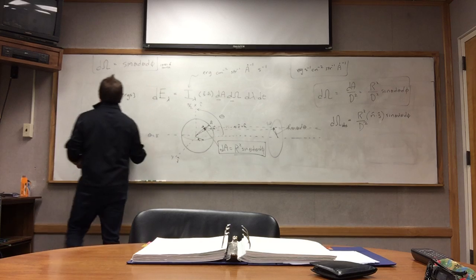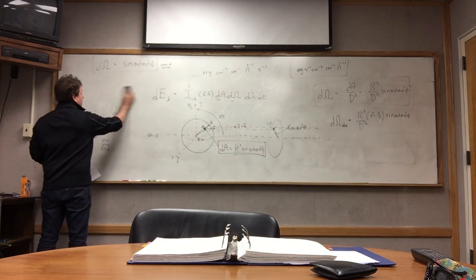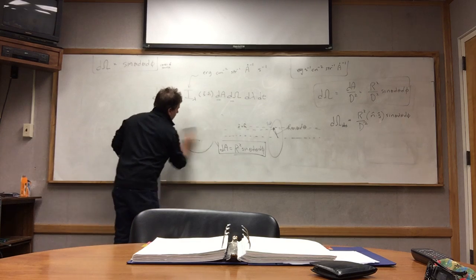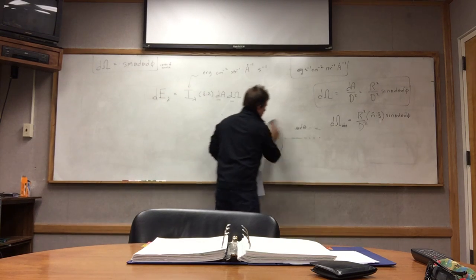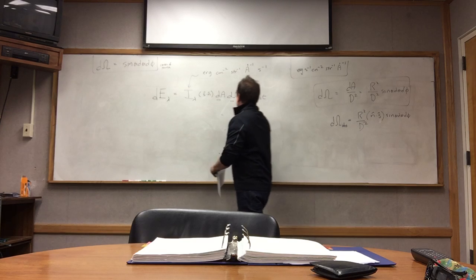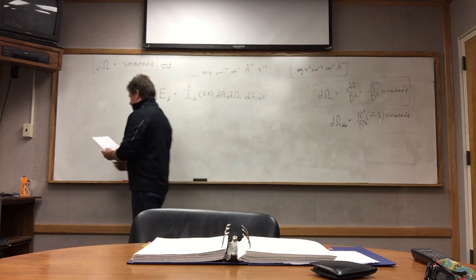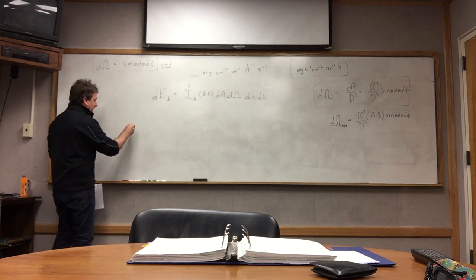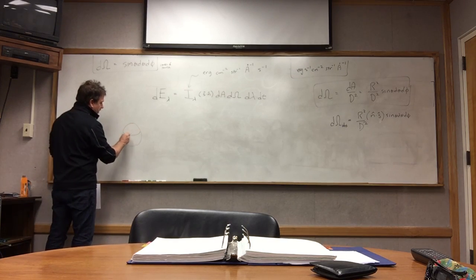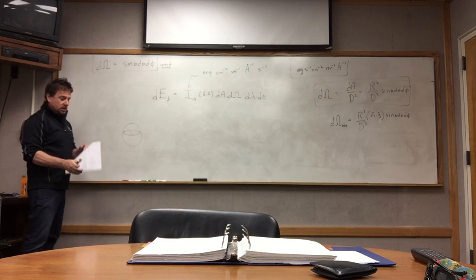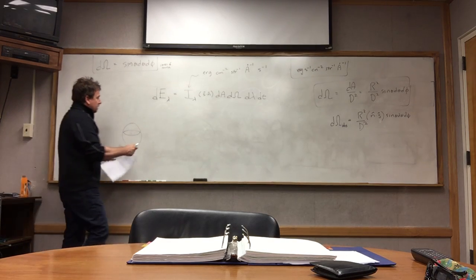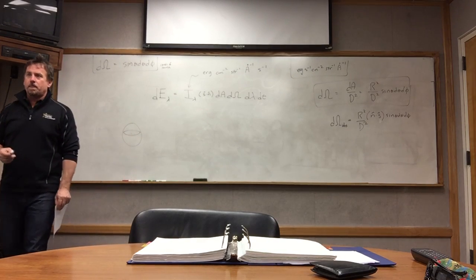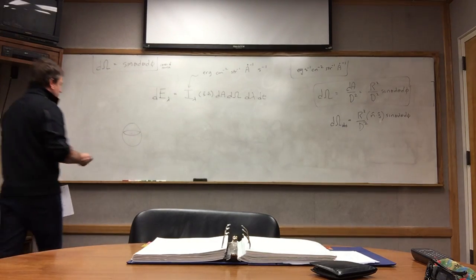So let's define some more things about the radiation field. Let's define something called the mean intensity. Here's a point in space. Here's a sphere around it. Let's call it a unit sphere. Okay? All right. We're going to define what is the mean intensity inside that sphere, centered on that point.